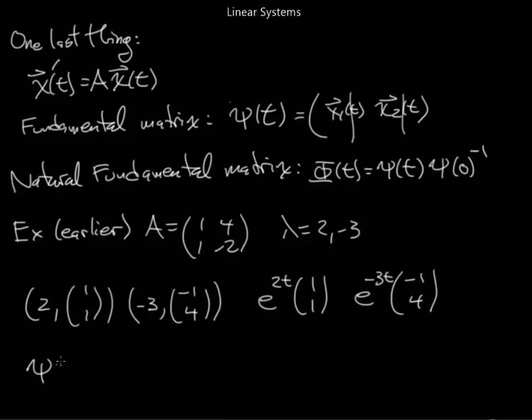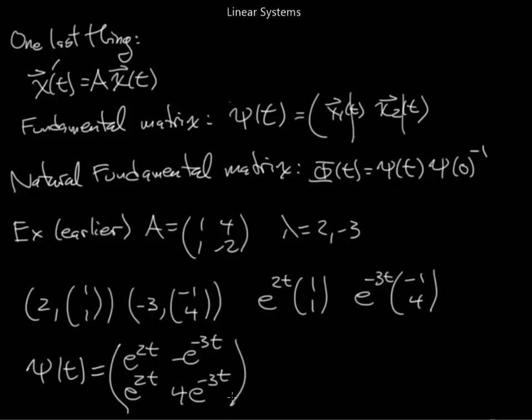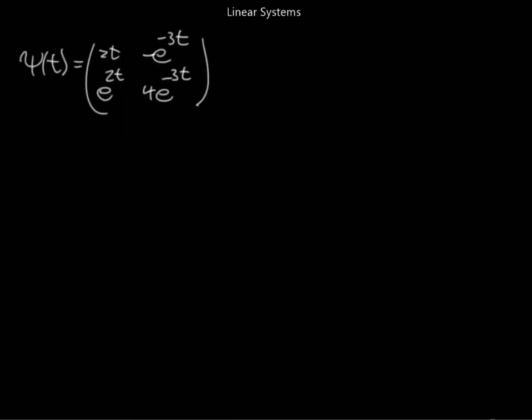So this matrix psi is the matrix with e to the 2t, e to the 2t in the first column, and minus e to the minus 3t, 4 e to the minus 3t in the second column. And that matrix psi satisfies the equation psi prime.